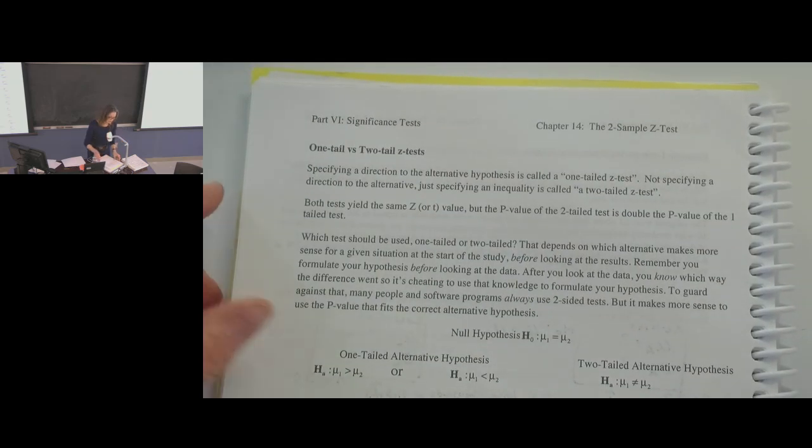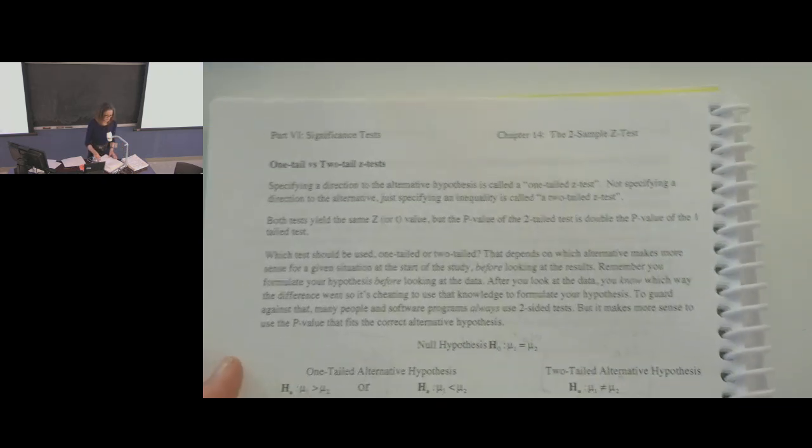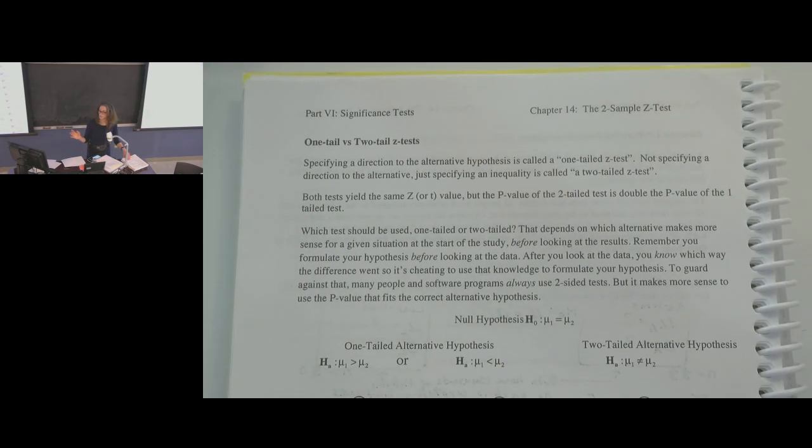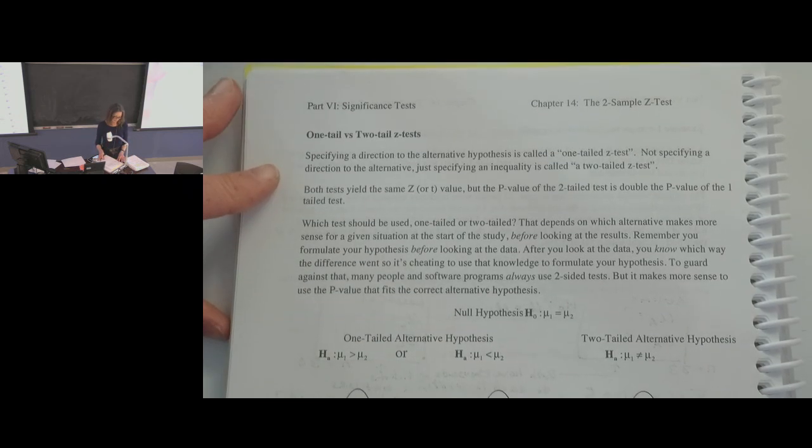Now, just one- and two-tail t-tests. All right, let's talk about this, because we've been doing these one-tail tests. What does it mean to do a one-tail versus a two-tail t-test?